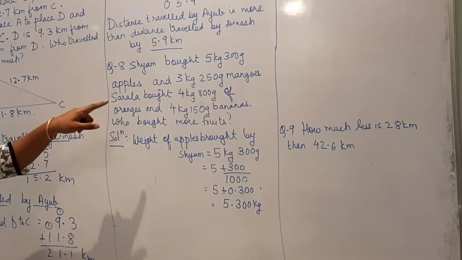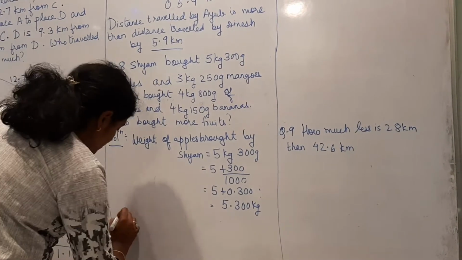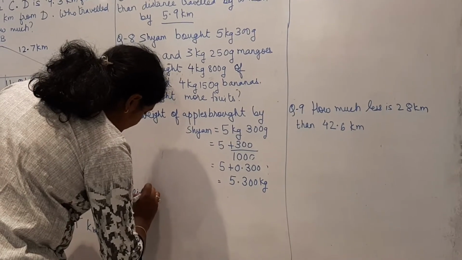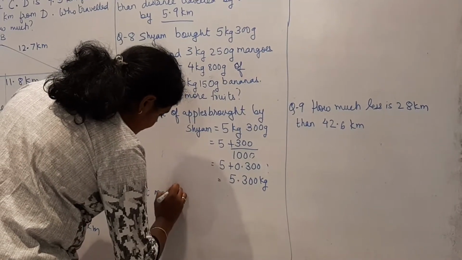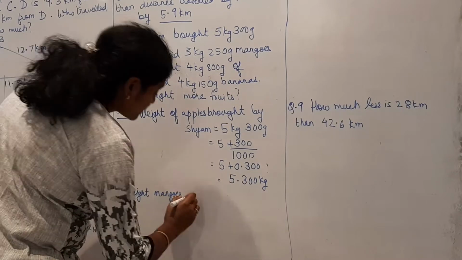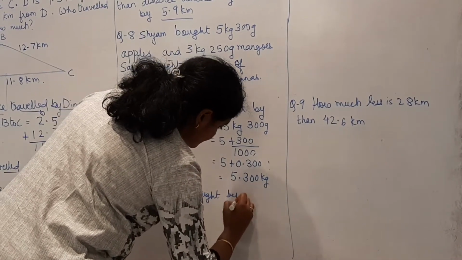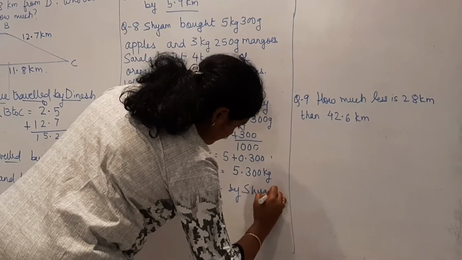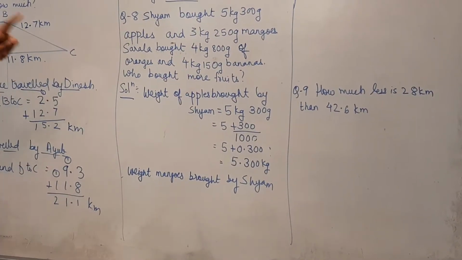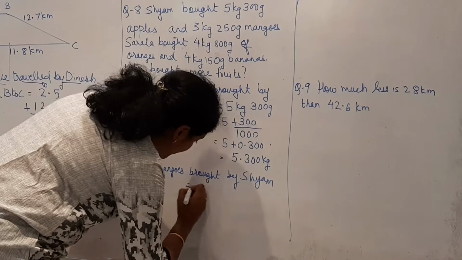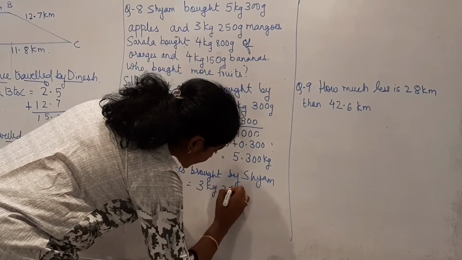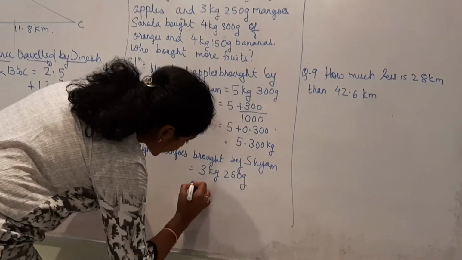Now weight of mangoes brought by Sham. How much is it? 3 kg 250 grams. Again, we will convert grams into kg.